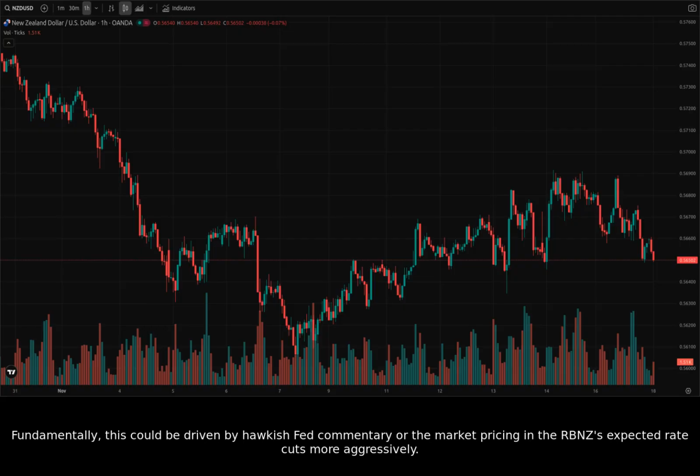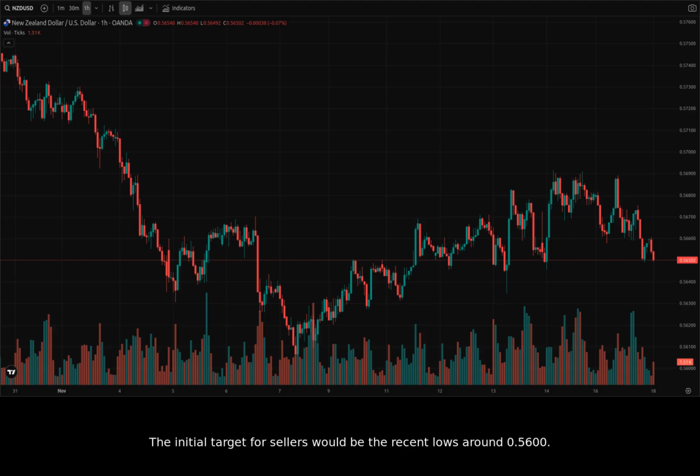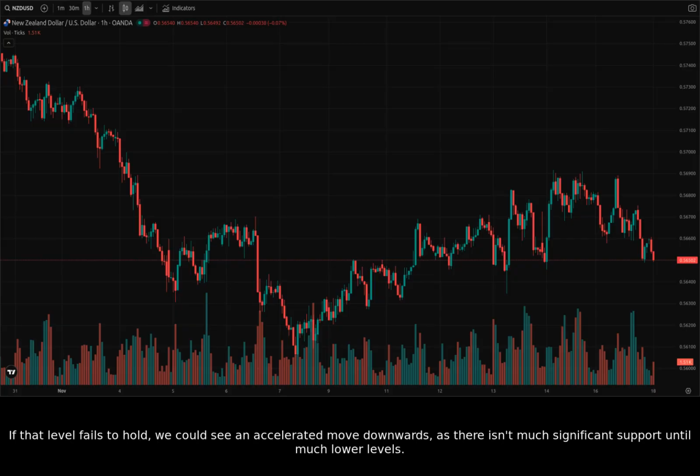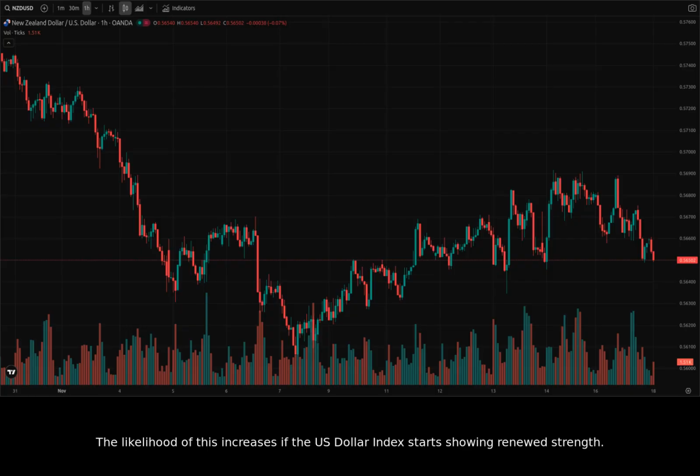Fundamentally, this could be driven by hawkish Fed commentary or the market pricing in the RBNZ's expected rate cuts more aggressively. The initial target for sellers would be the recent lows around 0.5600. If that level fails to hold, we could see an accelerated move downwards, as there isn't much significant support until much lower levels. The likelihood of this increases if the US dollar index starts showing renewed strength.